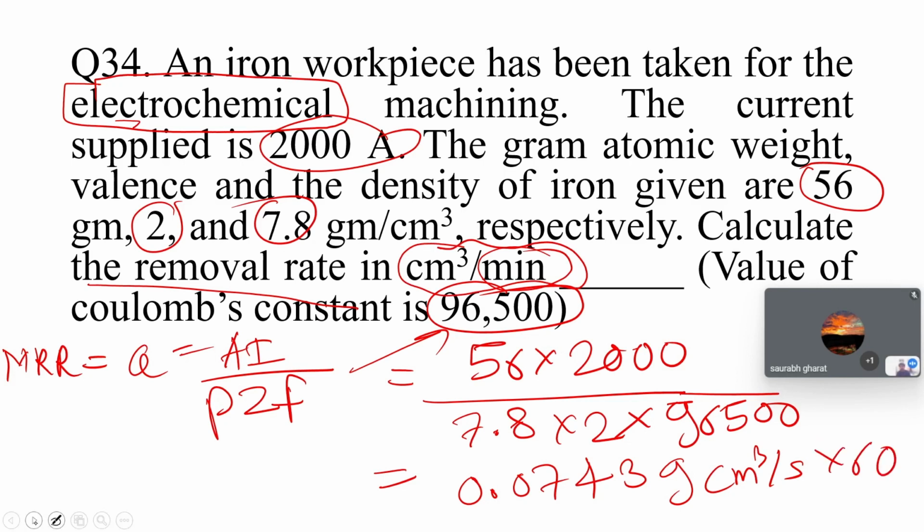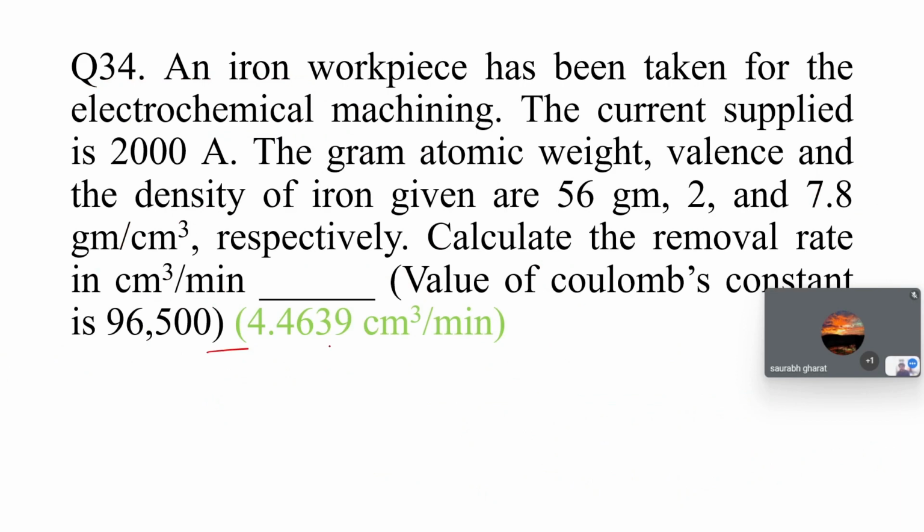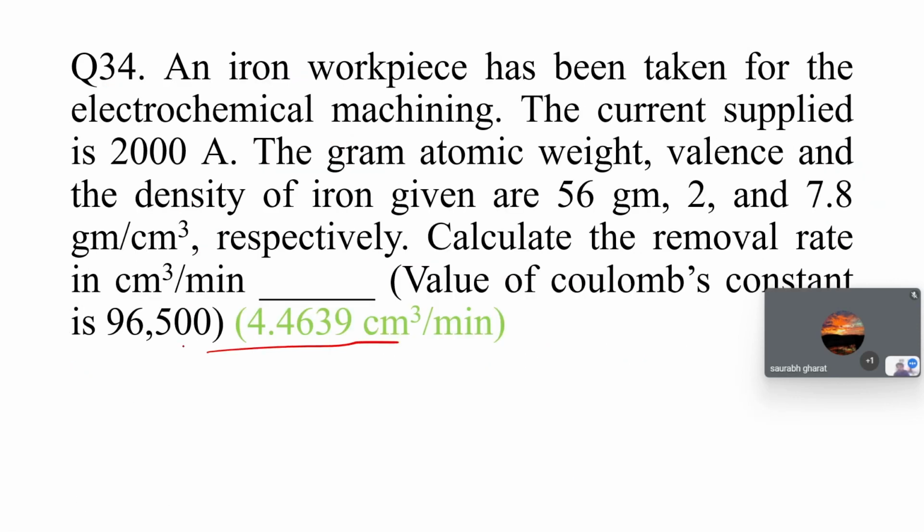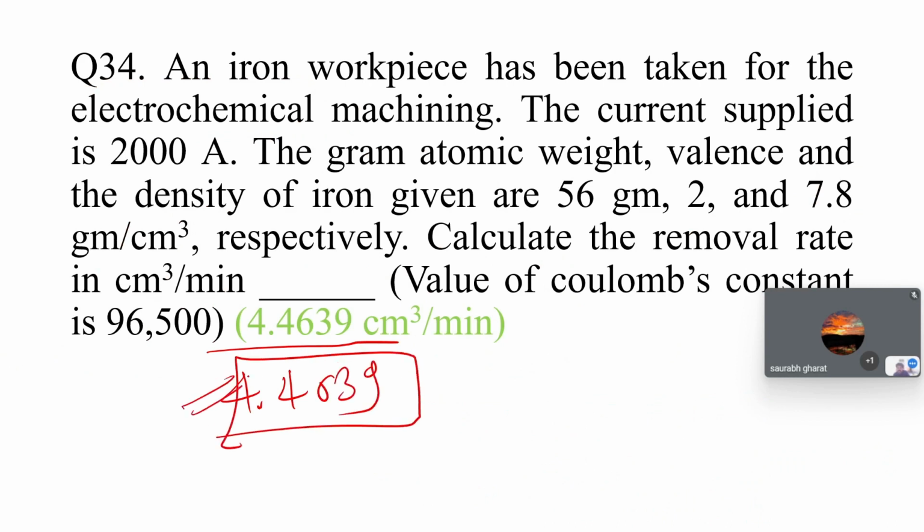If you multiply here, the answer you will get, as I told you before, is 4.4639 centimeter cube per minute. So this is your answer. 4.4639 will be your answer. Just put in the values and the answer will be very simple for you.